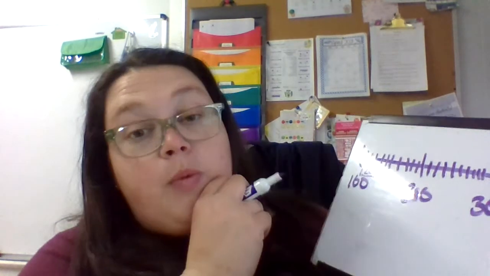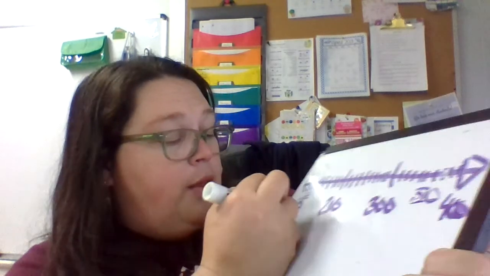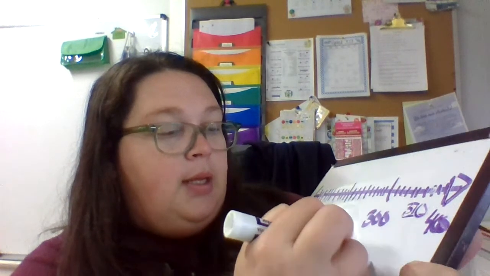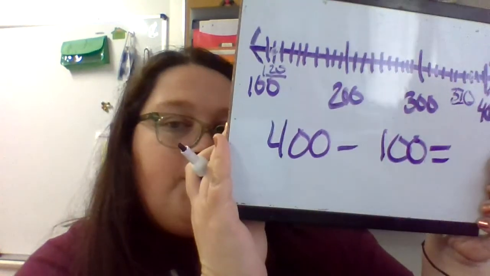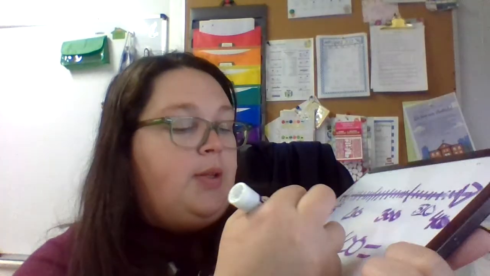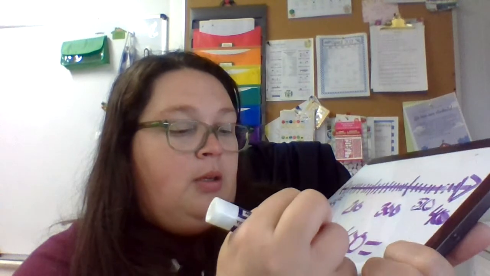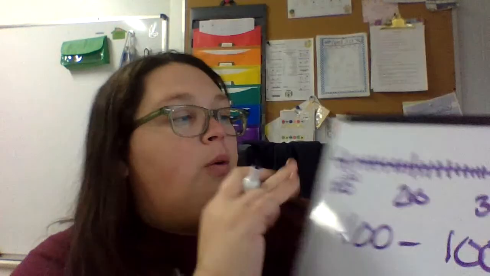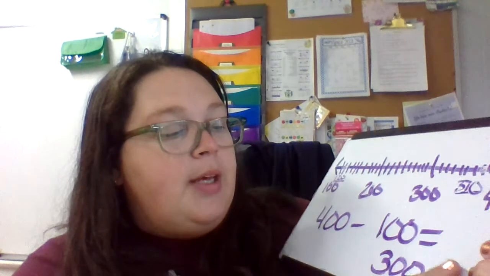So if we wanted to figure out what the difference between those were, and we were rounding, we could say 400 subtract 100 equals, right? 400 subtract 100 equals 300. Okay, so what you're doing is you are rounding to get yourself an estimate, not an exact number.